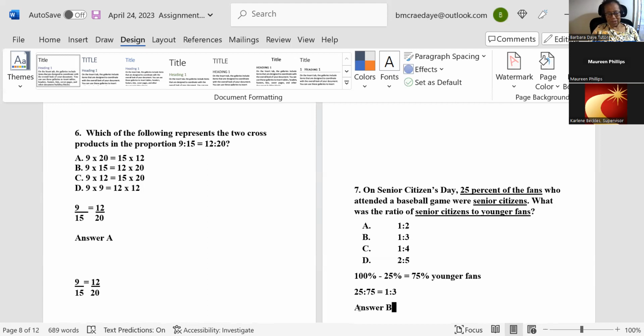Okay. What's the ratio of senior citizens to the total? 1 to 100. No. The total. What's the ratio of senior citizens to the total?